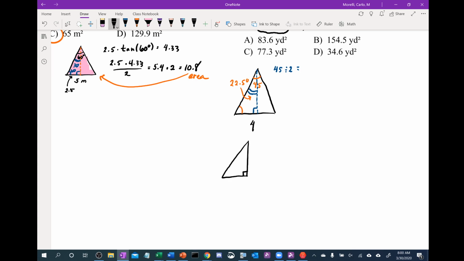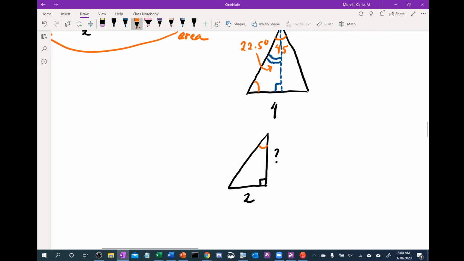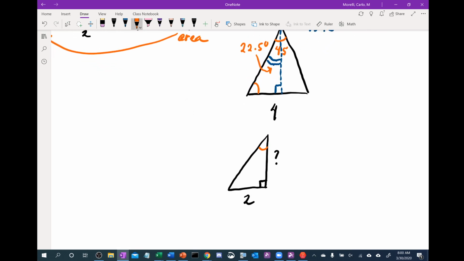We divide the side length by 2, so this has a side length of 2. We don't know the height. We know that this angle is 22.5, and we need to find out this angle here.